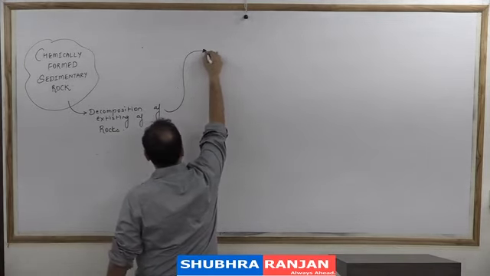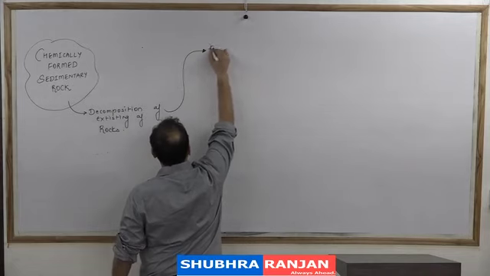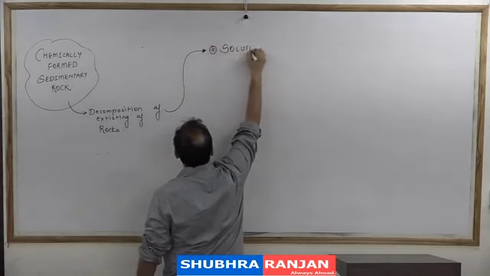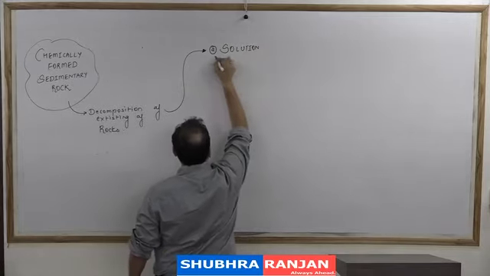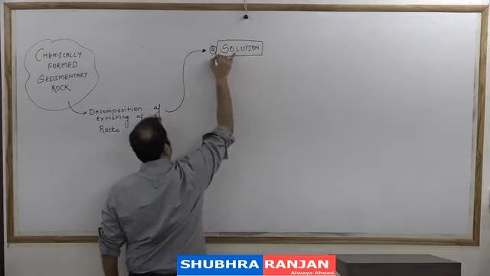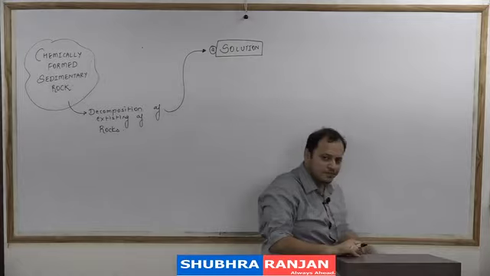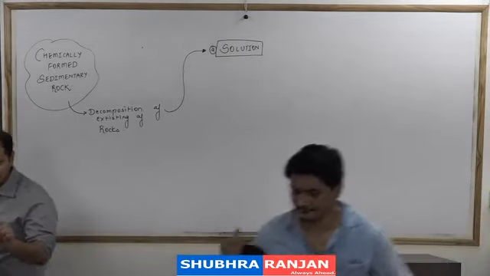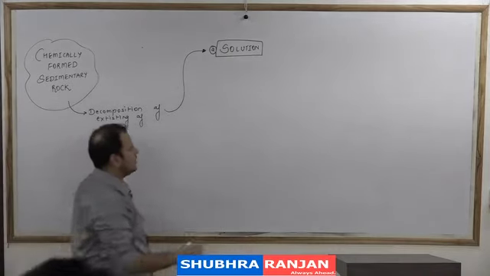Chemically formed sedimentary rocks are formed due to either the process of solution. What do you mean by solution? When the minerals get dissolved in water, as a process of solution.